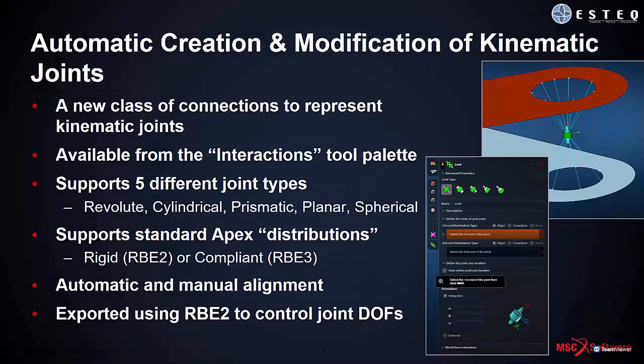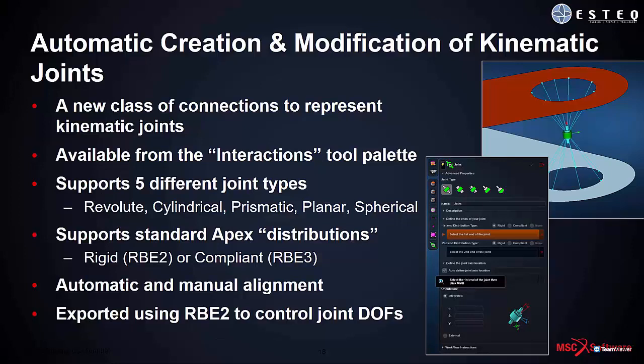So that's one of the other things that's new, and we'll demonstrate the creation of kinematic joints as well, which is quite helpful because you don't need to worry about the different coordinate systems and local coordinate systems and whether or not you've released the correct degrees of freedom.